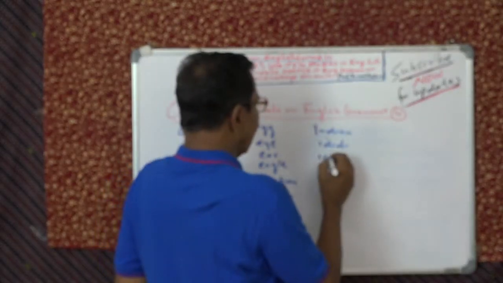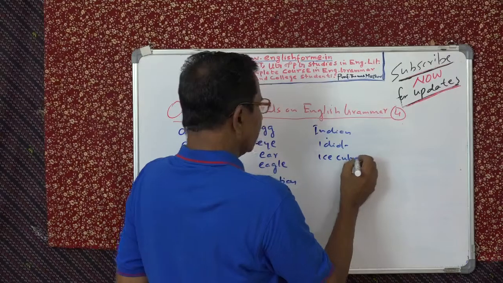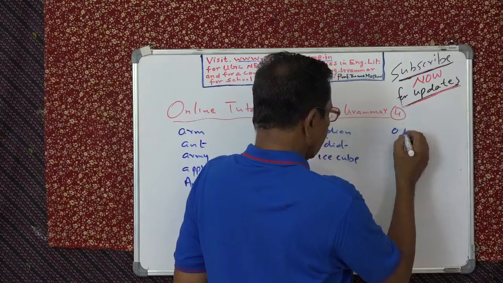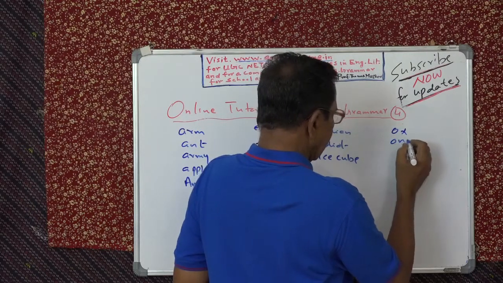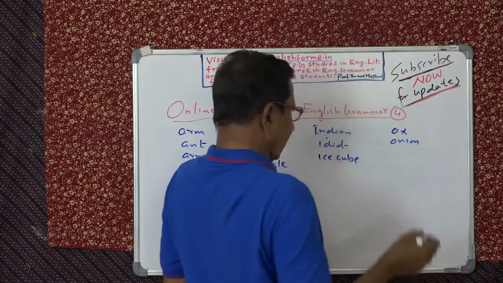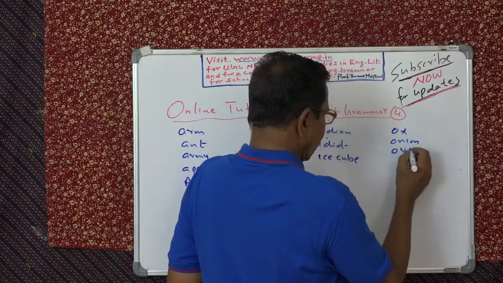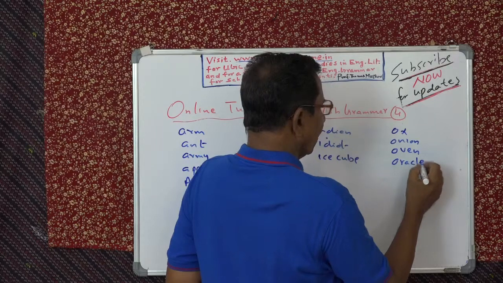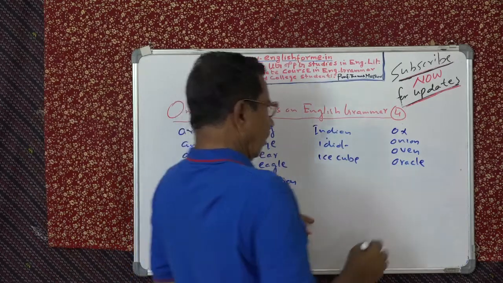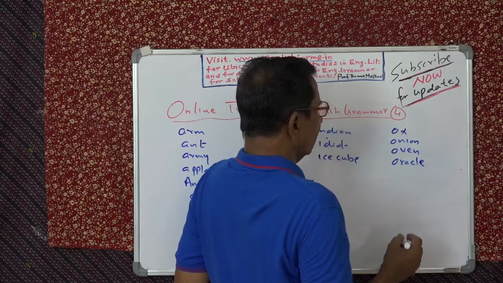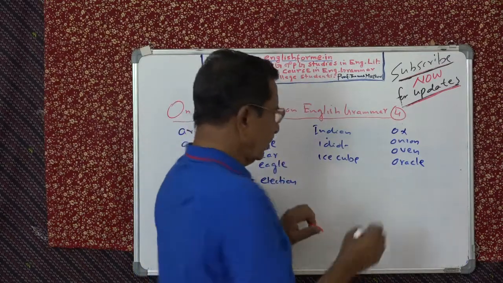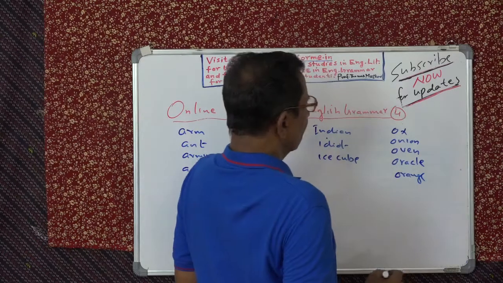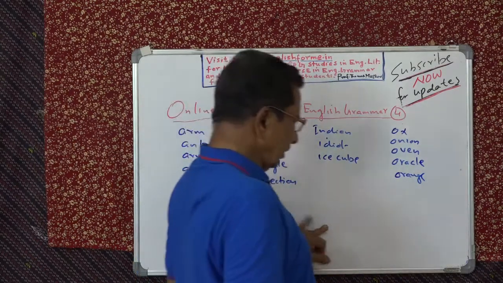You can count that now. Ice cube, etc. And you have again nouns like ox, onion, oven, oracle, then orange.